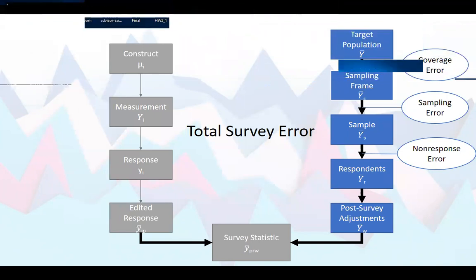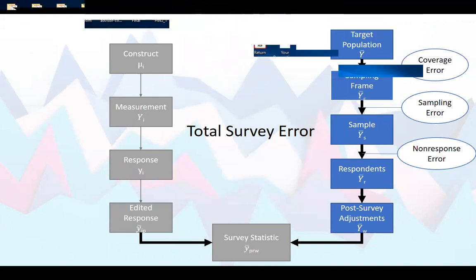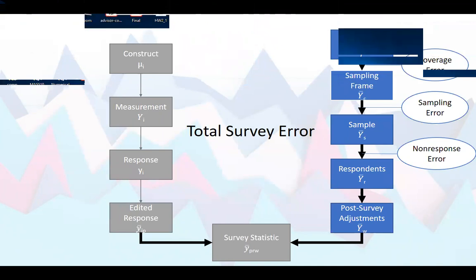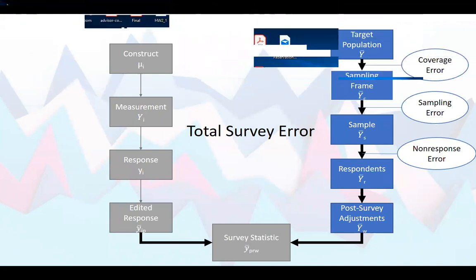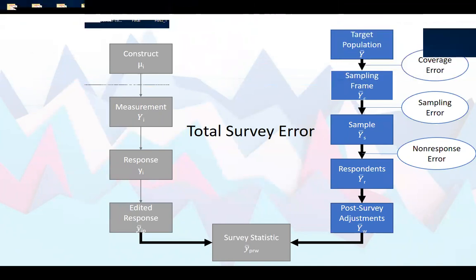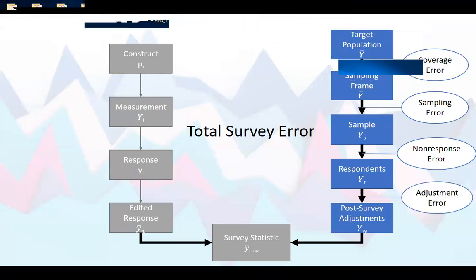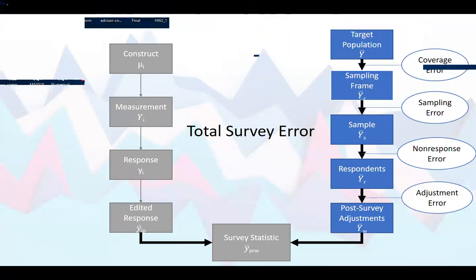What you're trying to be careful of with respect to representation error is that you don't alter those respondents, thinking things like imputation or post-survey weighting. You don't alter those responses in a way that then creates misrepresentation with respect to the group you're trying to describe. So that's your adjustment error that you need to pay attention to.